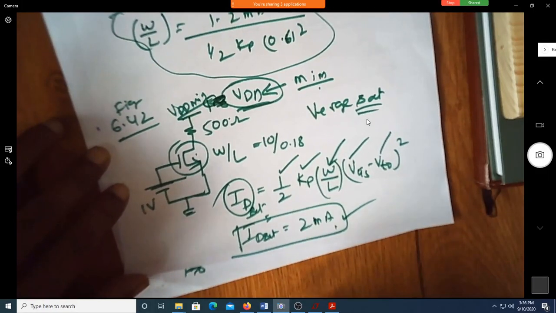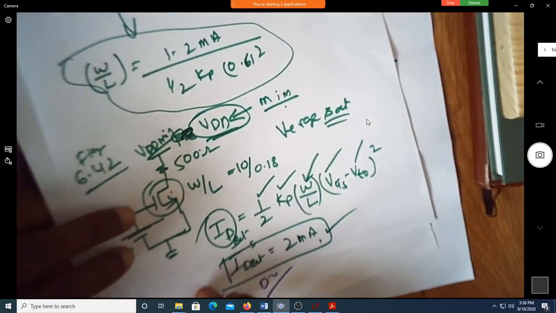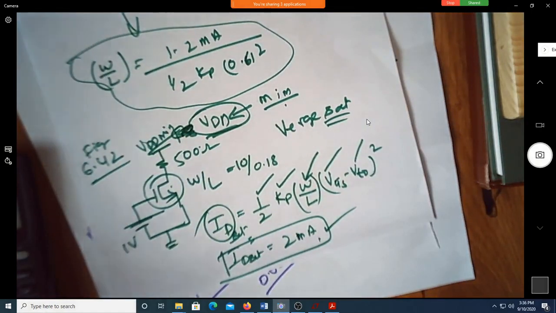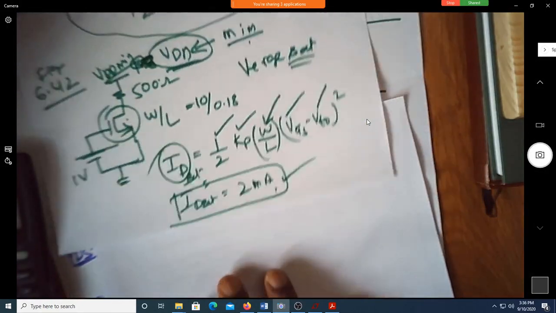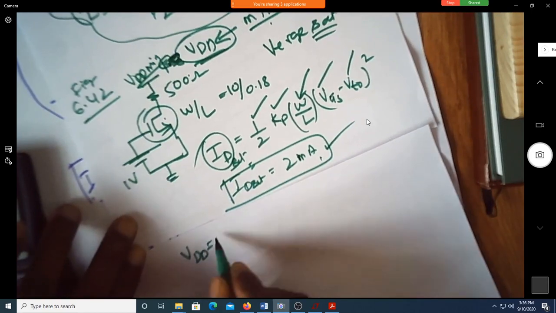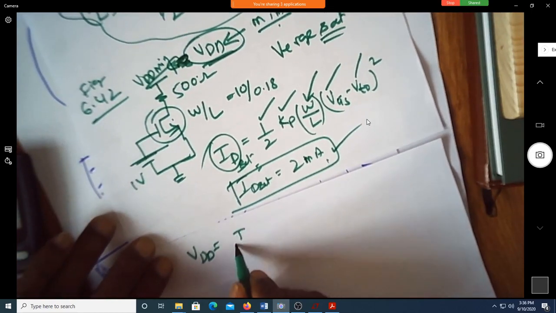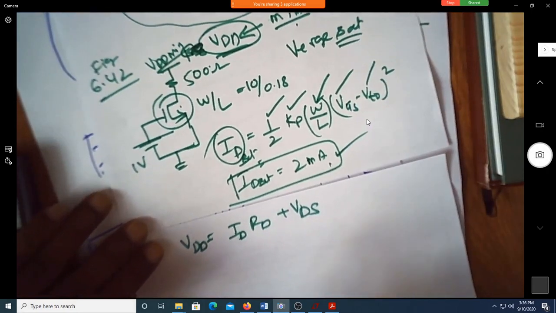Correct? Yes, sir. So what I'll do? How do we proceed from now onwards? After we find ID, what shall we do? Shall I write the expression for this now? Shall I say VDD is equal to ID into RD plus VDS. VDS sat.